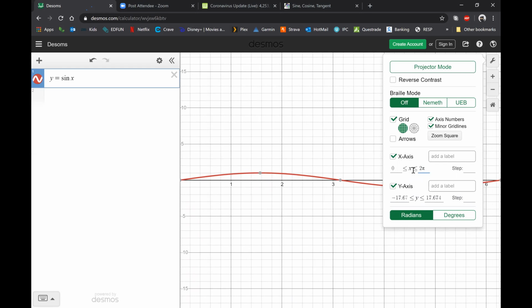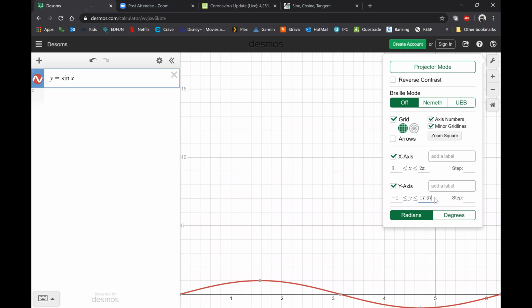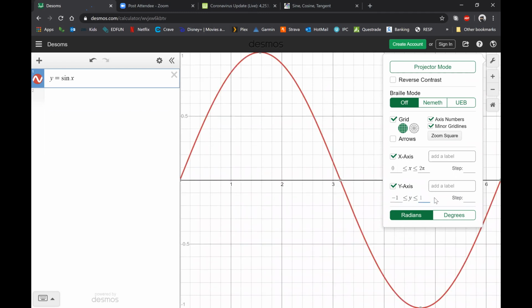And my y values, let's make them a bit bigger. Let's go from -1 to 1. Okay, that's pretty good. So I can actually, let's make my x value -2 pi.